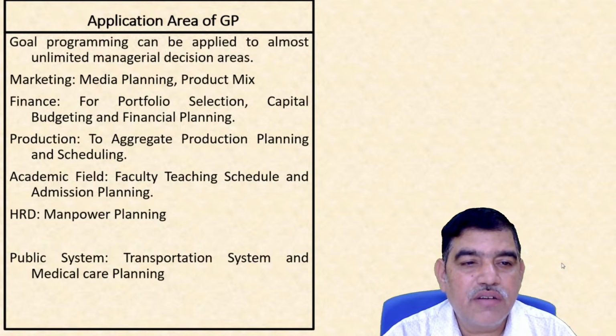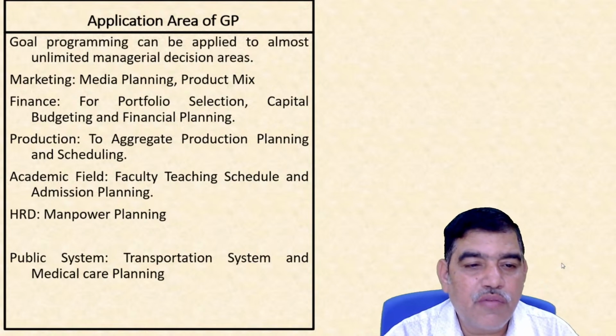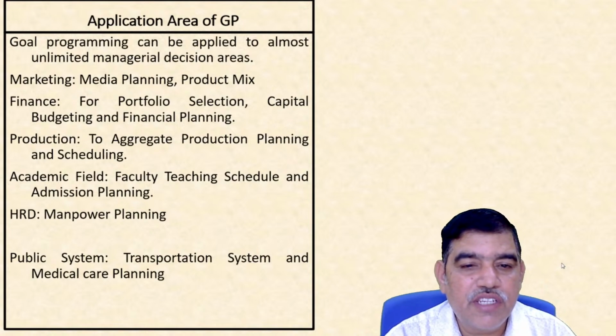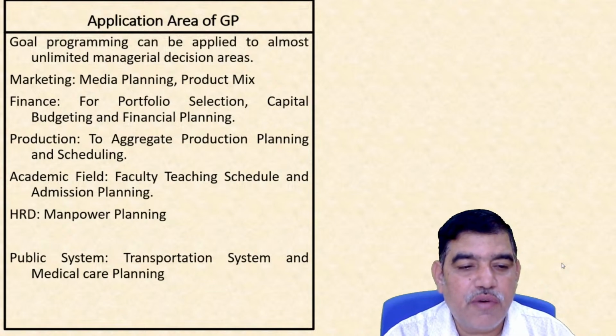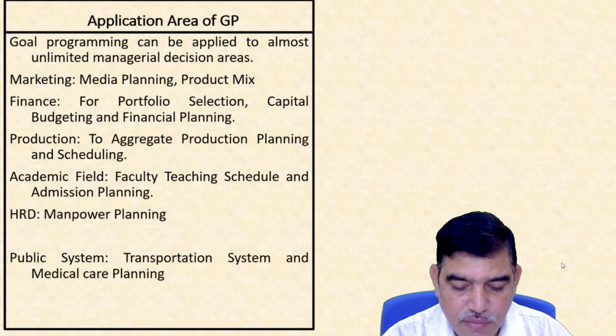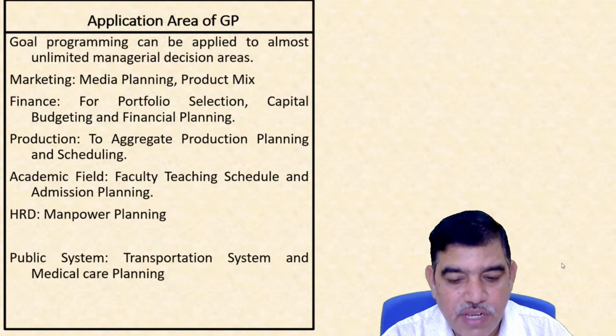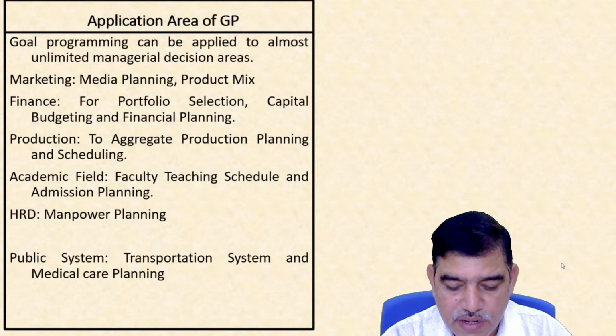In production, it is applicable to aggregate production planning and scheduling. In the academic field, goal programming is useful for faculty teaching schedules and admission planning. In HRD, human resource development, it is applicable for manpower planning. And in general, public systems, transportation systems, and medical care systems. So these are the different application areas of goal programming.